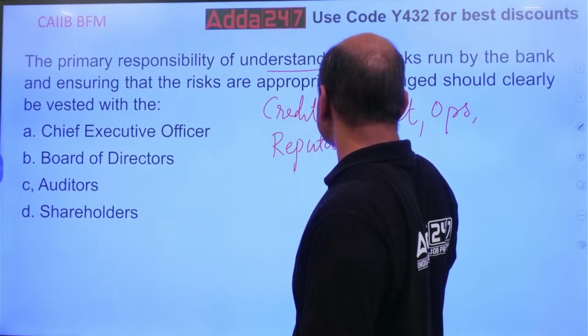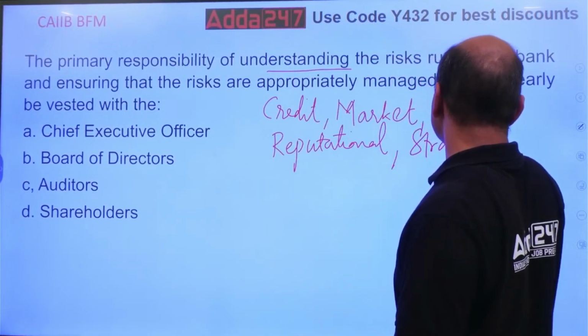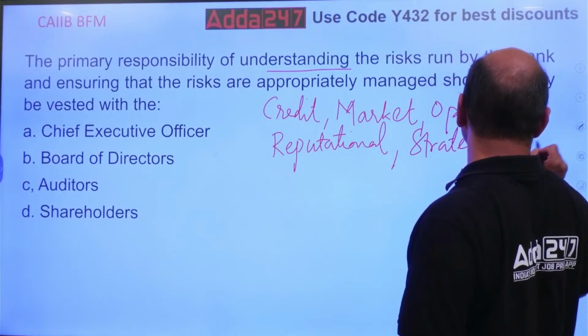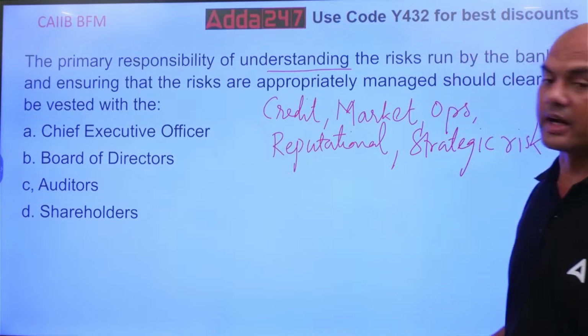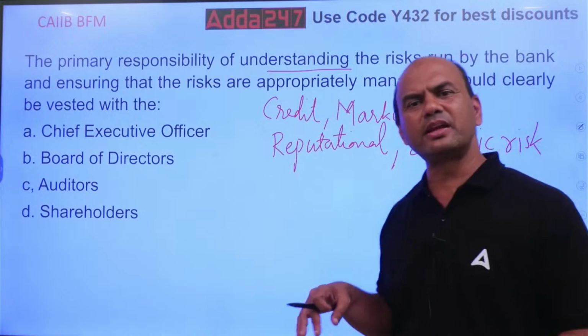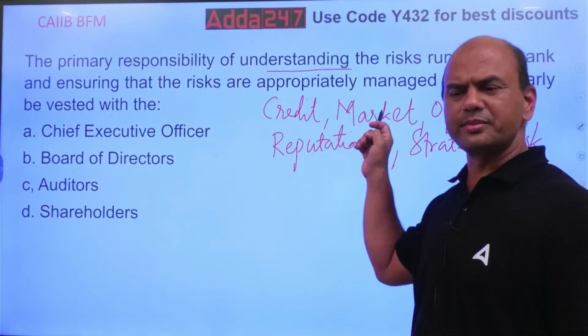Then second is business risk, or we call it strategic risk. Plus there can be many. Forex risk can be there, liquidity risk can be there, but these are mainly under these three only. It comes under market risk only.